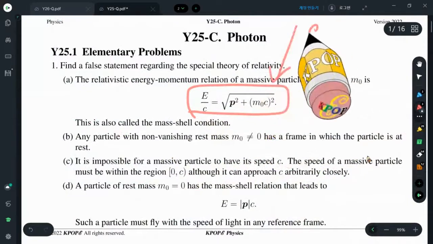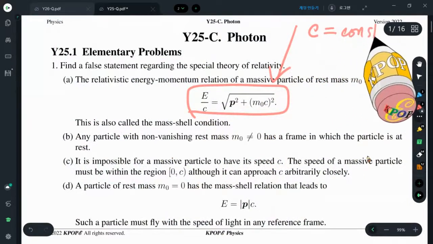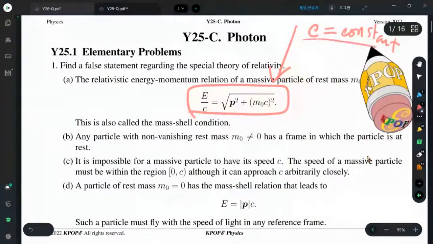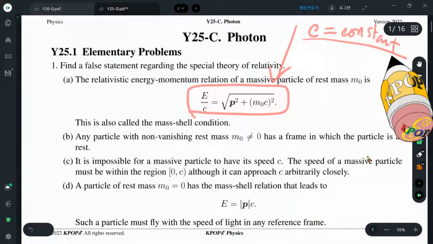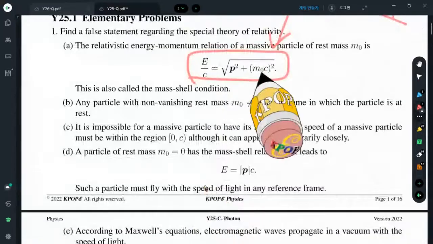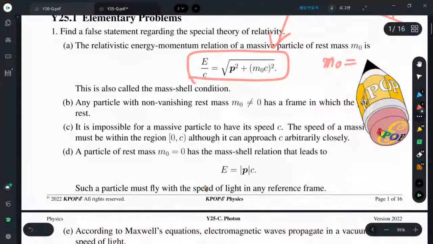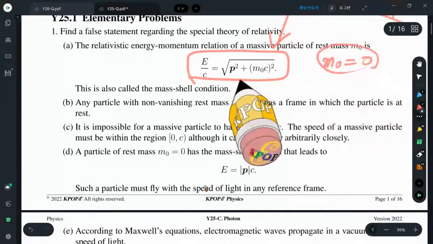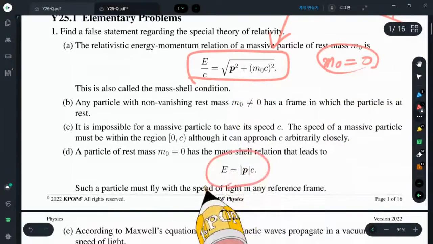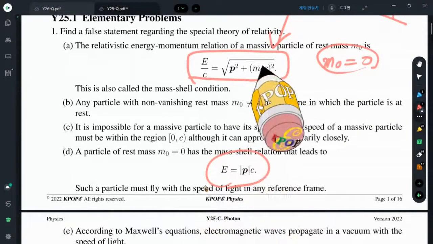That is the consequence that the speed of light c is a constant to everyone. When we substitute m0 equals 0, this formula becomes energy is proportional to, right?